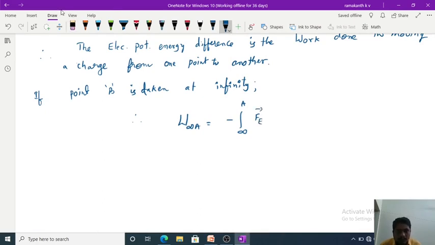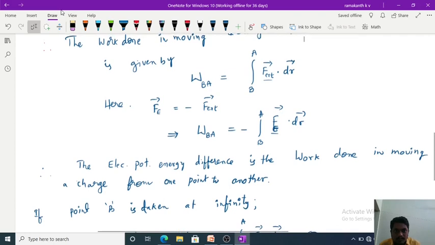Let it be equation number 2 and the previous one equation number 1.